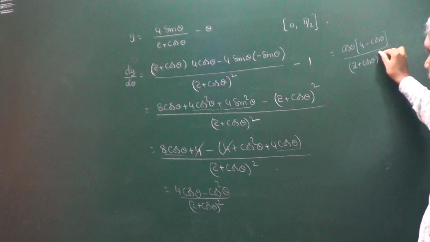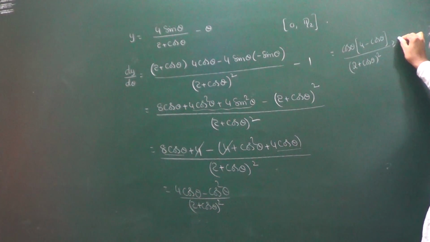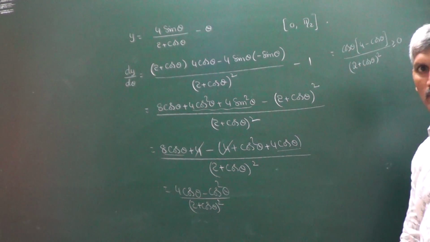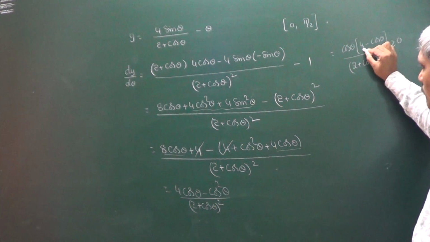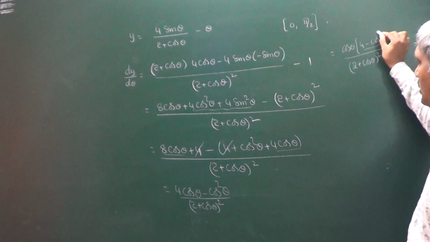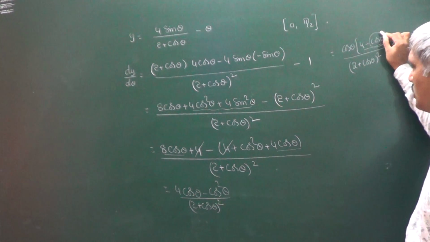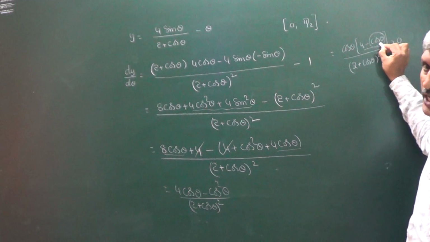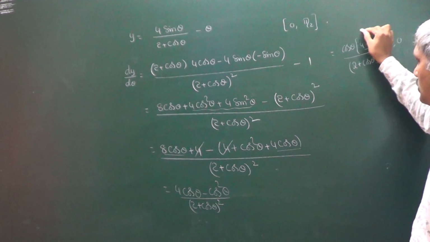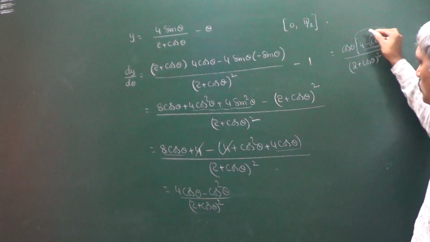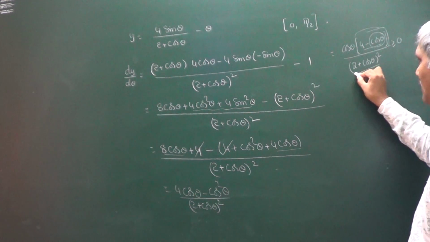Now you can observe, no doubt this is always greater than or equal to 0, because the first factor is 4 minus cos theta. Cos theta's maximum value is 1. From 4 the maximum you can subtract is 1. So that's why this value is always positive. Square of a number is always positive.